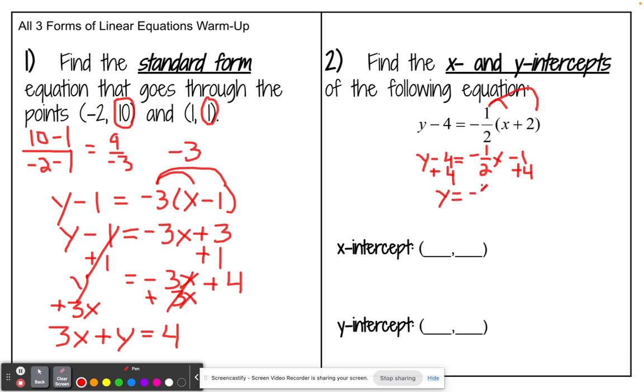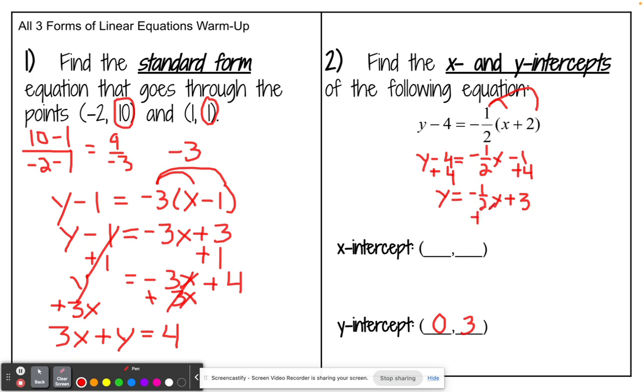I'm going to stop there for a minute because as soon as I have that, remember this is slope-intercept form. And what intercept is it? It's my y-intercept. So I actually know my y-intercept at this point. My y-intercept is going to be 3. But let's keep going, get it in standard form. I need to add 1/2 x to both sides.